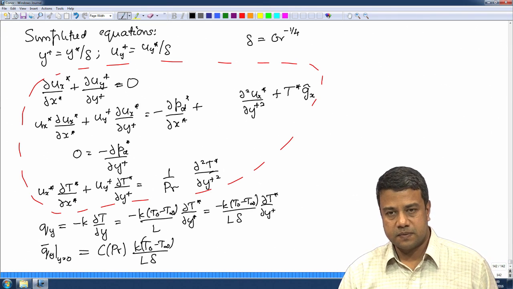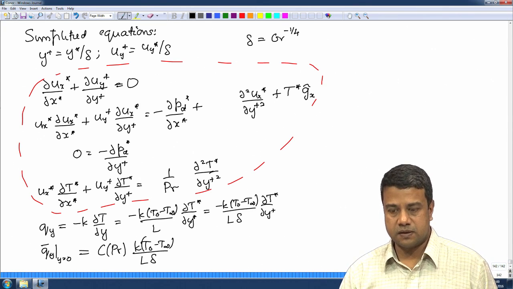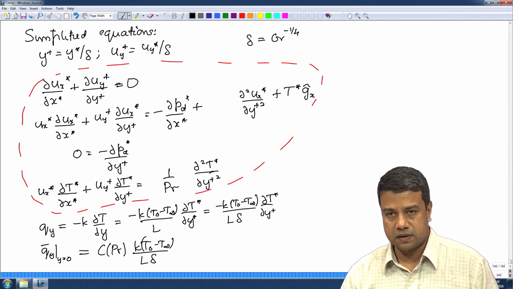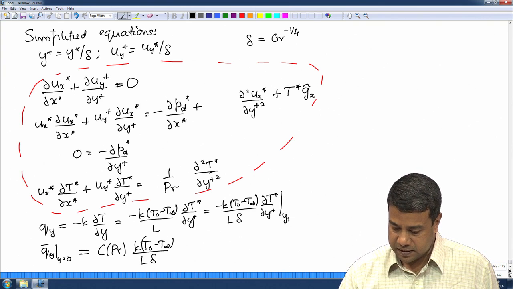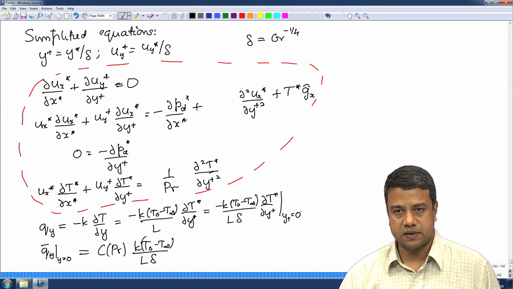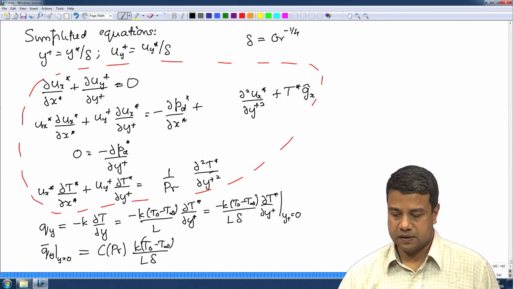So, it has to be that form. The constant we do not know yet, that constant has to be determined by actually determining the solution for the temperature field and then taking the value of this at the surface y plus is equal to 0. It gives you some constant value, we do not know that, but we know what is the scaling of the rest of the terms in the equation.